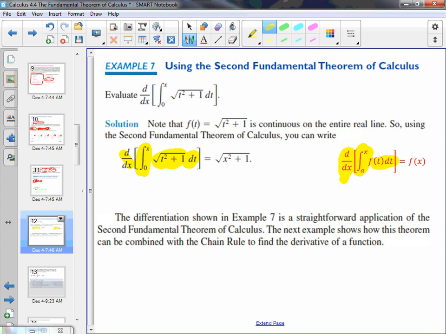According to the second fundamental theorem of calculus, our answer, the derivative of that integral, is f of x. So if that's f of t, isn't that f of x? Just x instead of t?